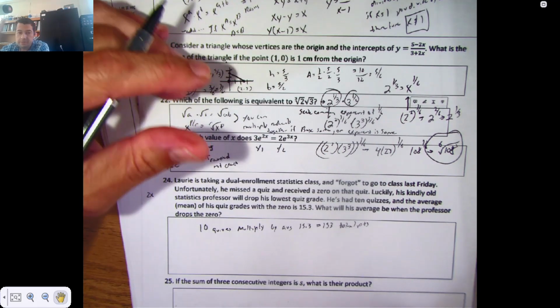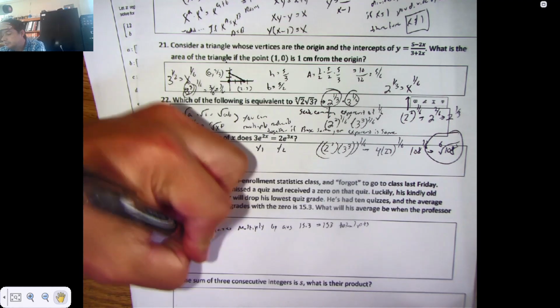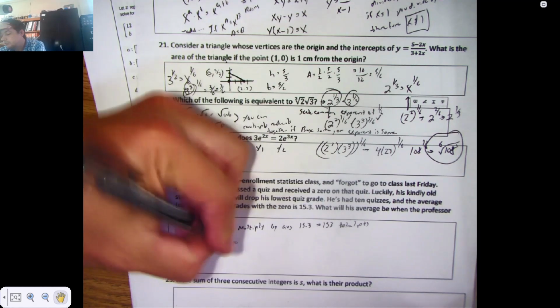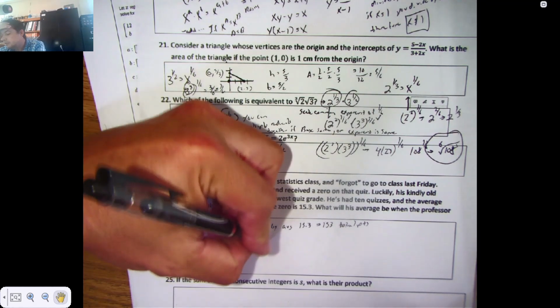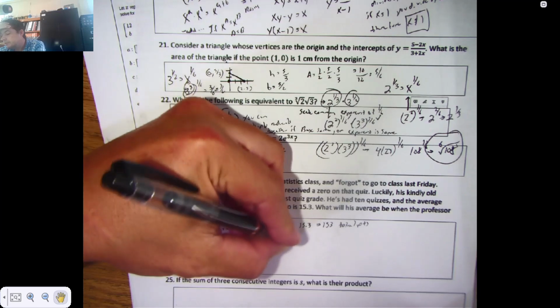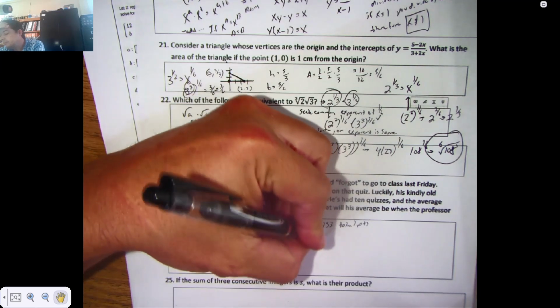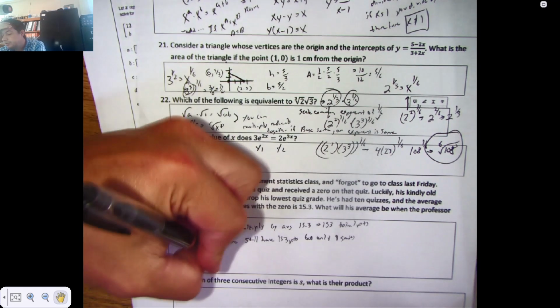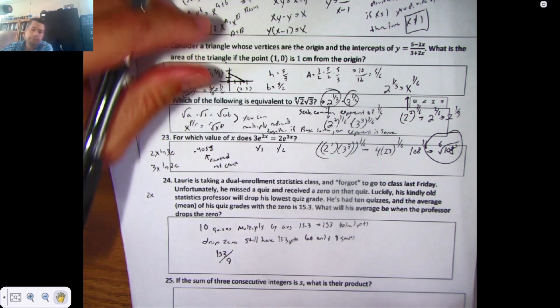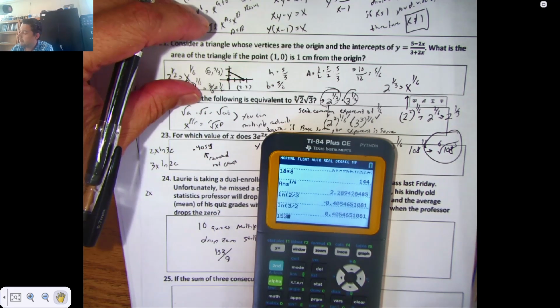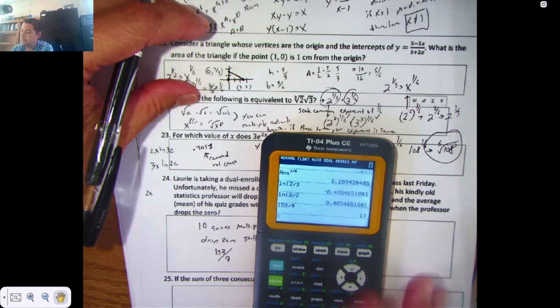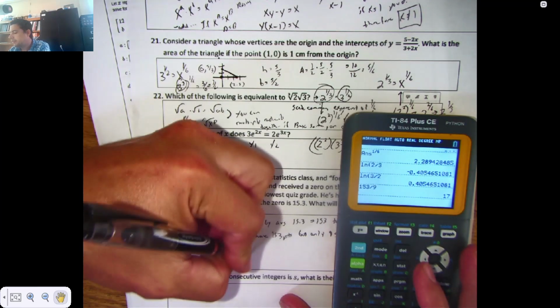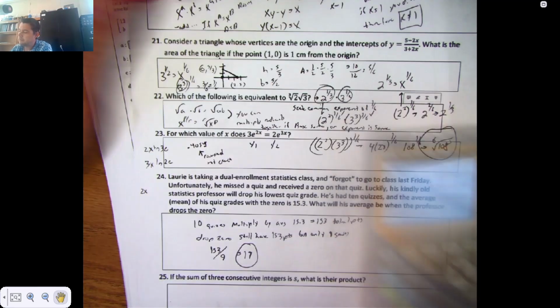Now, if the teacher drops the 0, you still have 153 points, but only 9 grades. So we just take 153, we divide it by 9. It can be quite a bit higher. 17. There's his new average.